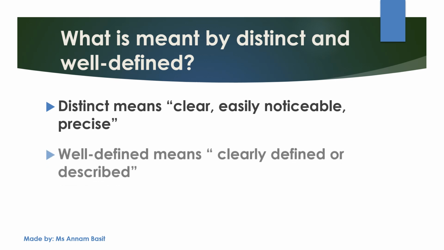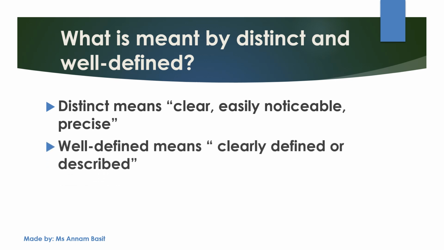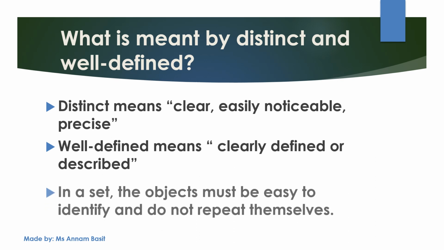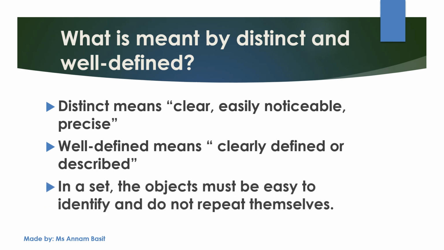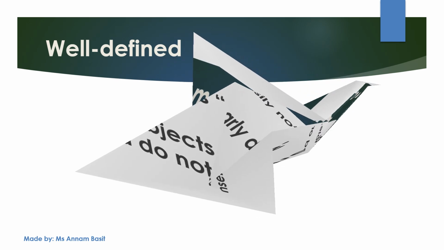And the word well-defined means something which is clearly defined or described. Nothing is hidden or abstract, right? So in a set, the objects must be easy to identify and they do not repeat themselves. Okay, so let's move forward.